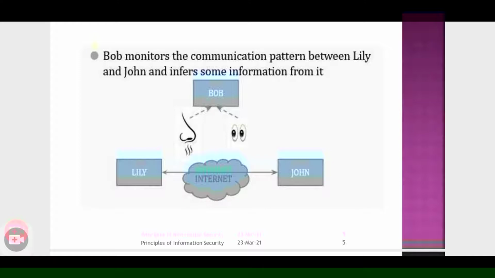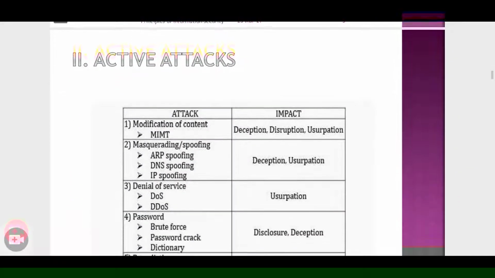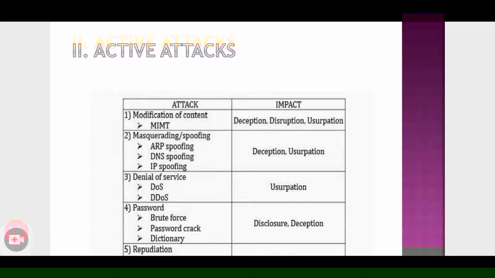He analyzes the traffic and infers some information from it. That is traffic analysis. So the first passive attack is content viewing and the second one is traffic analysis.